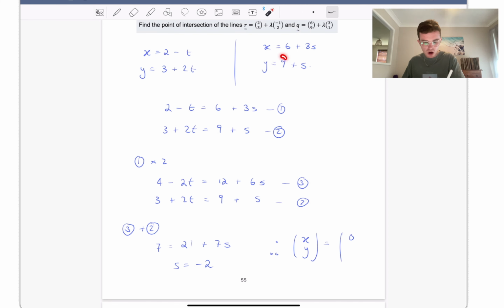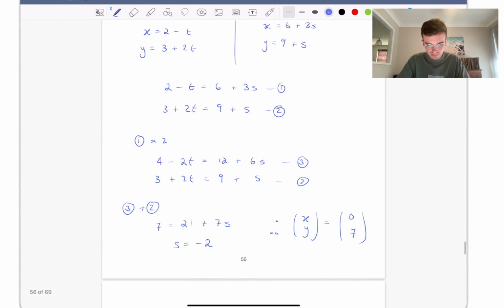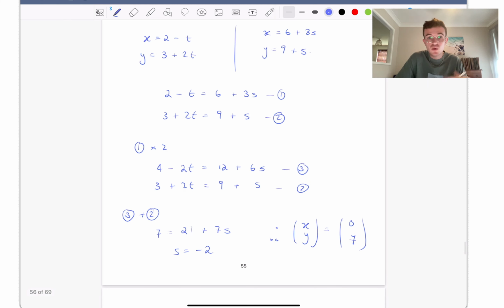And then 9 minus 2 is 7. Yeah, so we didn't actually need to find t because we've already got an equation for s that will give us x and y, and since they're intersecting at a singular point, it's going to be the same no matter if we found s or t.